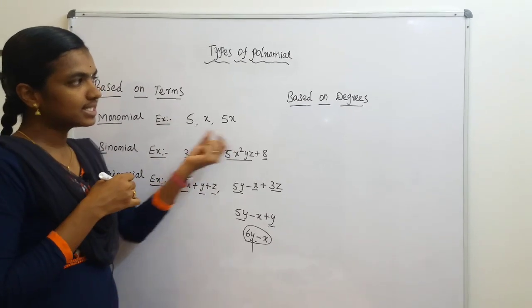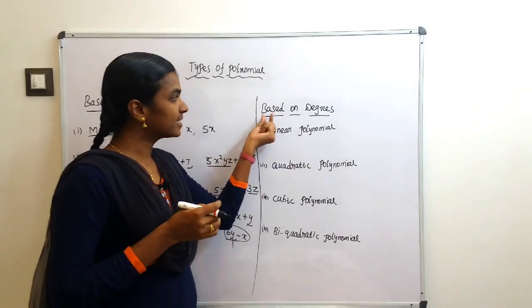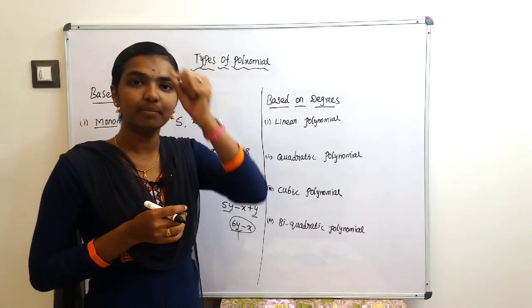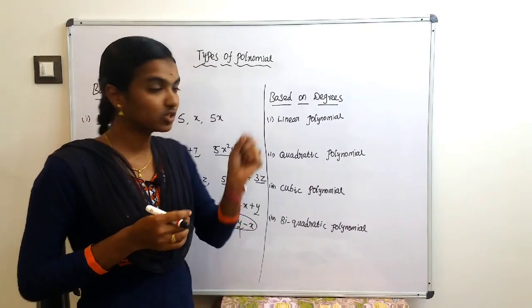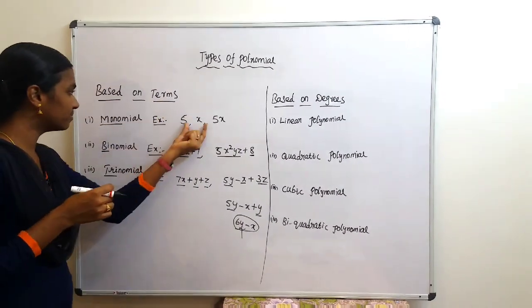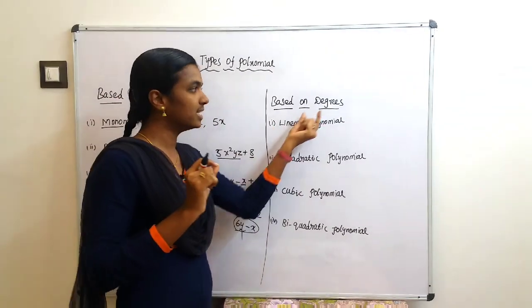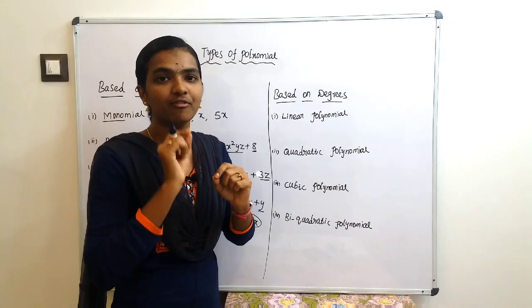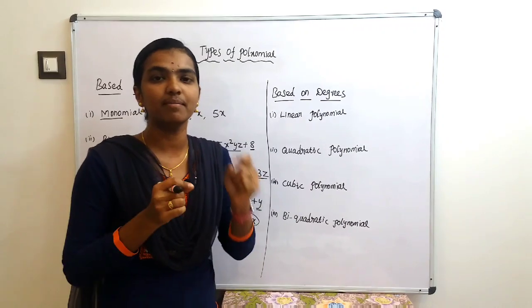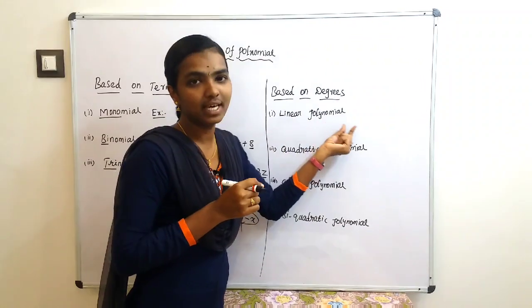Next, let us discuss based on degrees. Degree is nothing but the power of the variable. Based on terms, one term is a monomial, 2 terms is a binomial, and 3 terms is a trinomial. Coming to degree, it is the power of the variable. If the highest power of the variable in the given polynomial is 1, the name of the polynomial is linear polynomial.